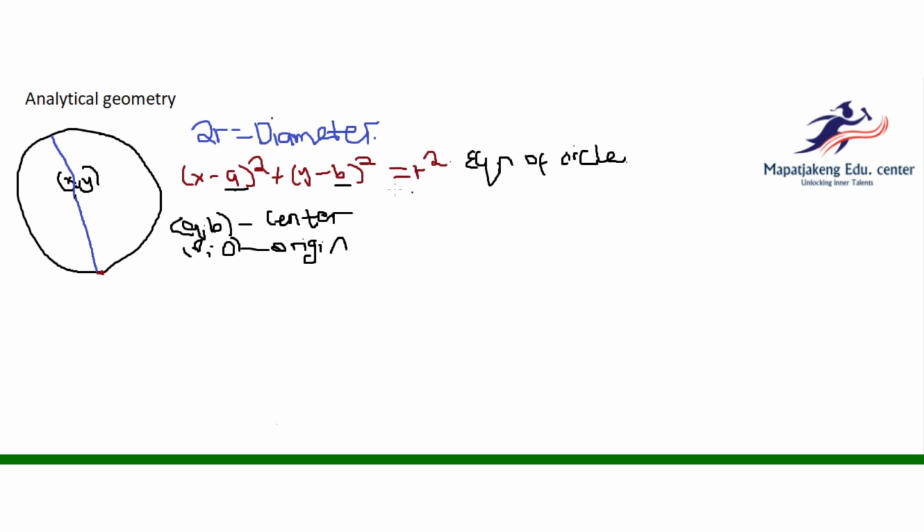Then you simply substitute a is 0, b is 0, and you end up with x squared plus y squared, because any number minus 0 is just itself, equals r squared, which is similar to the theorem of Pythagoras. For some odd reason, it reminds me of the theorem of Pythagoras, but it's not that in this case.